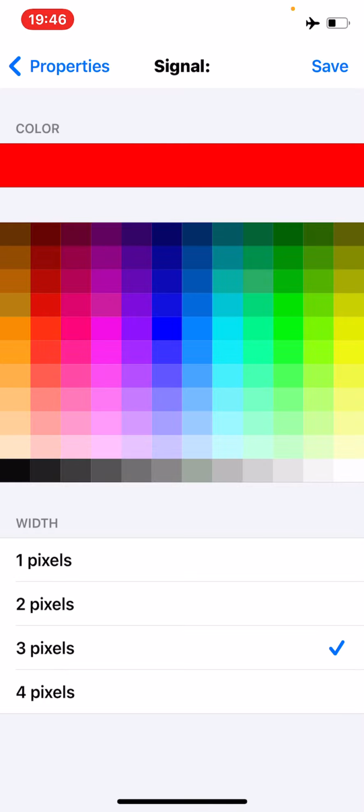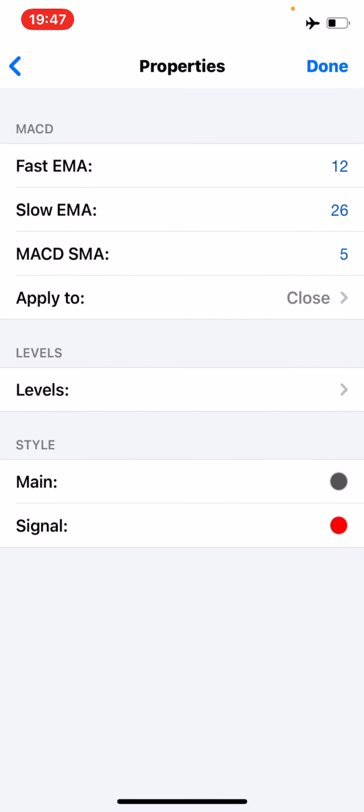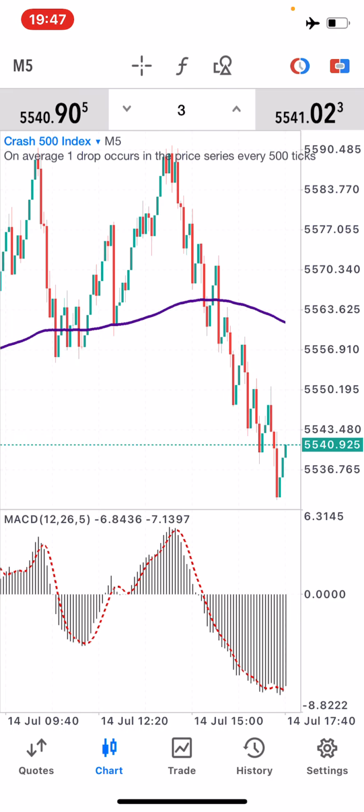Please make sure you also increase the width of these lines by changing the pixels to a higher pixel, right? And then we're going to click on save and done. So you can see down below we now have the MACD fully installed.